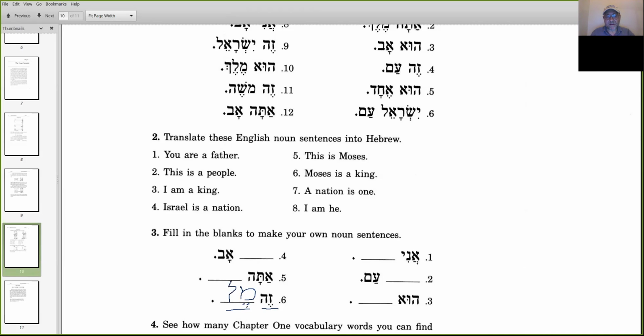We have mem, segol, lamed, segol, finishes with a half savit, closes with a shabbat. Ze, melech. This is a king. All right. So there's some other options that you can put in there, and you can play around with them yourself using the vocabulary list and see what you can come up with.